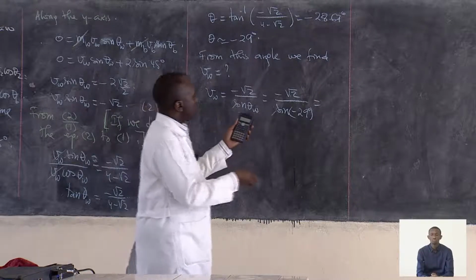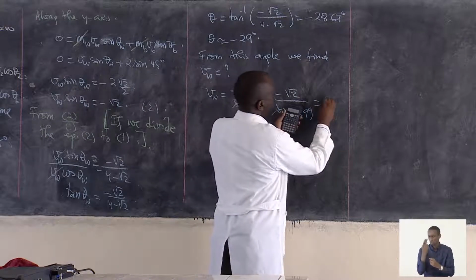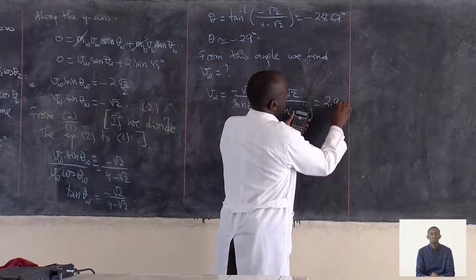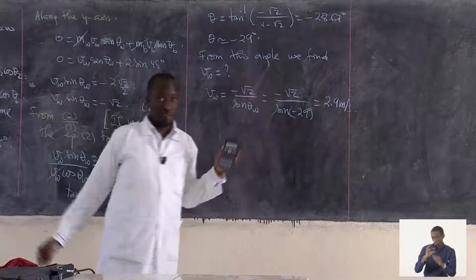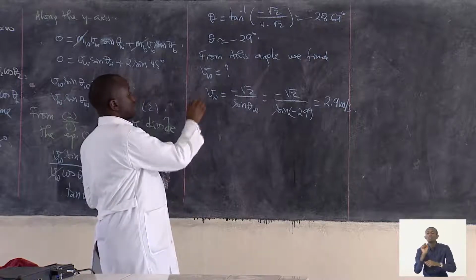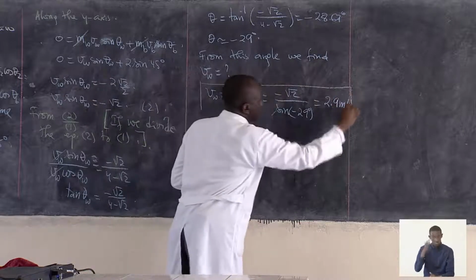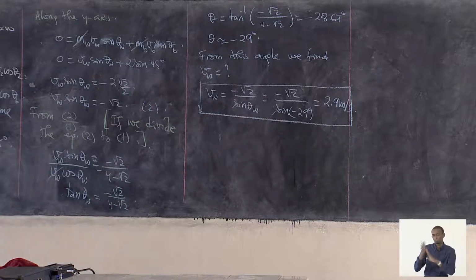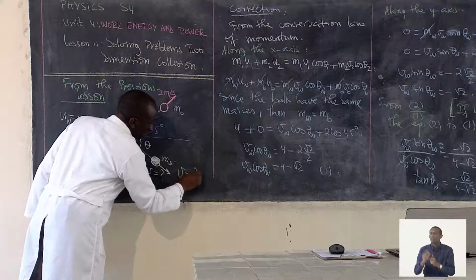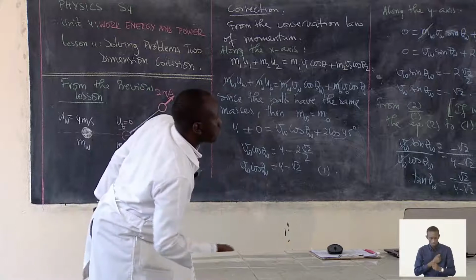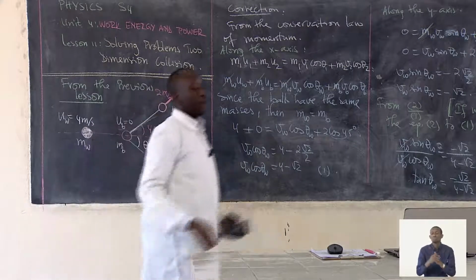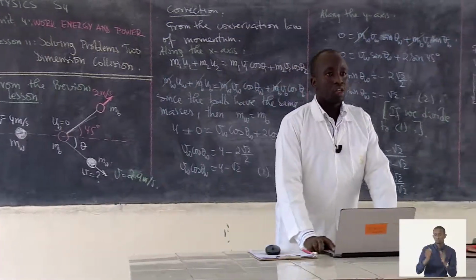And what we find is 2.9 meters per second. Remember, it is the speed that we are determining. Then we have the answer, and this is the speed of the white bar. So if we go back here, we find that V equals 2.9 meters per second. And I hope this is the correction of that.